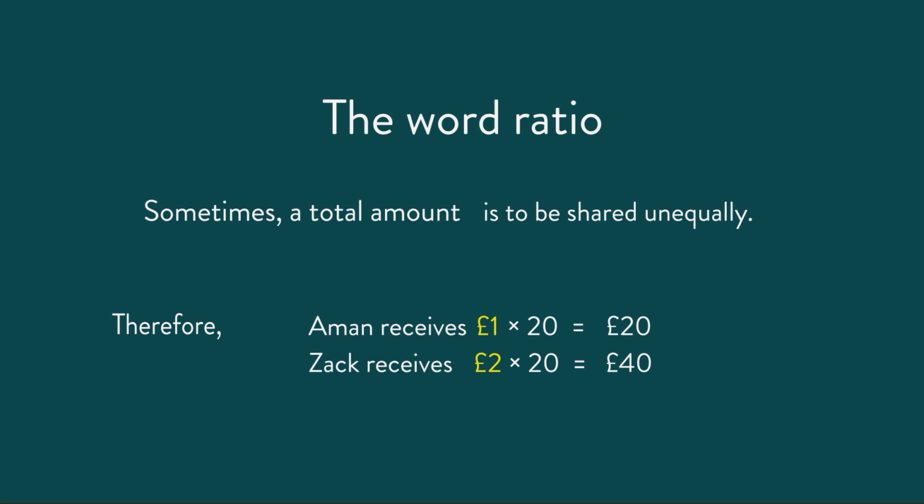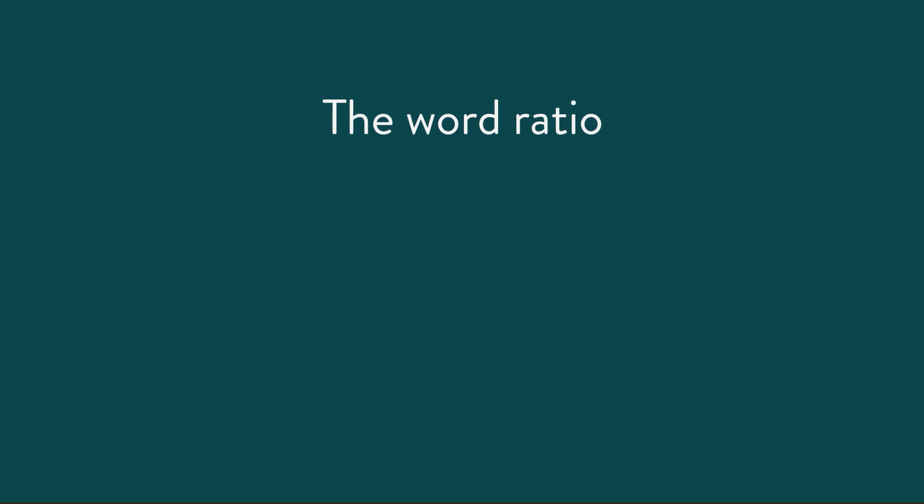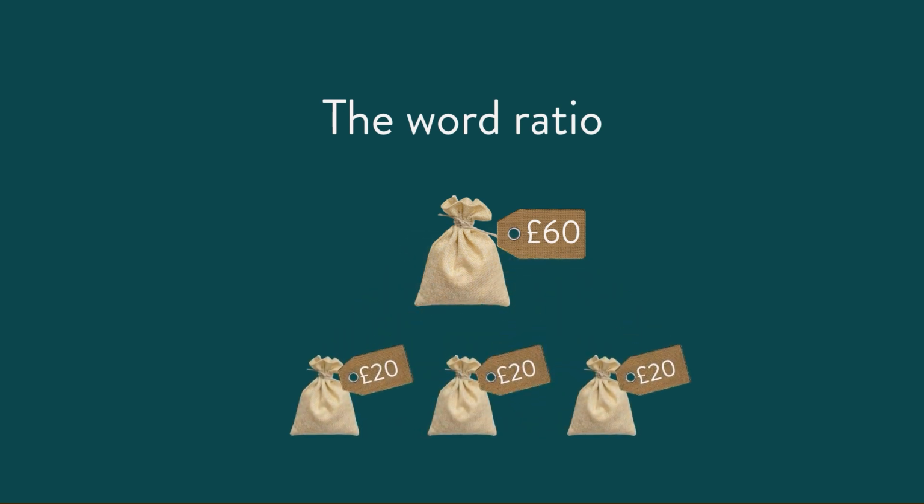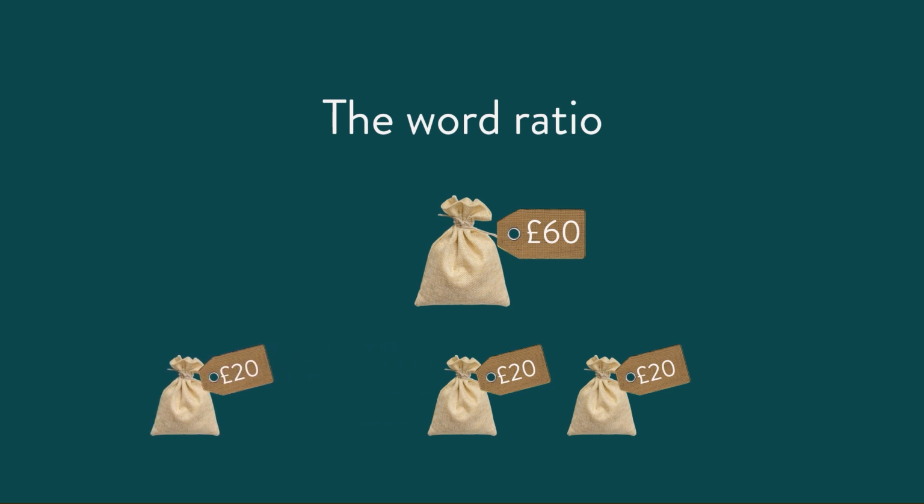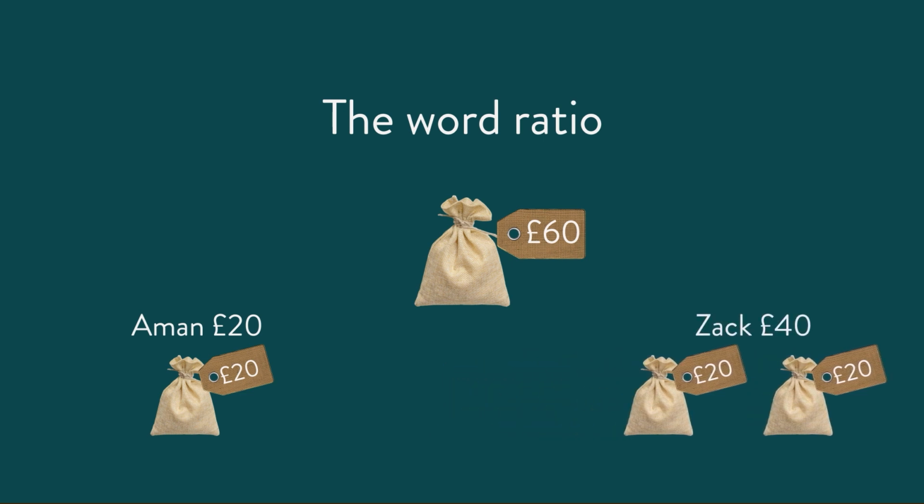Mathematically, what we have done is to divide the total amount, £60, into 3 equal parts of £20. Then share the parts out unequally, giving 1 part to Aman, £20, and 2 parts to Zach, £40.